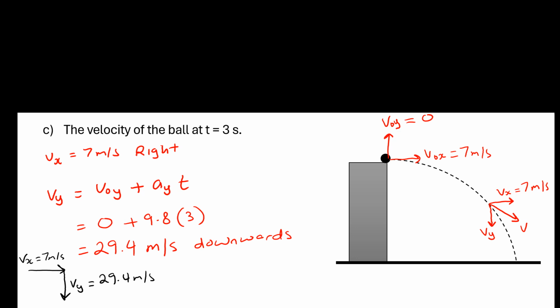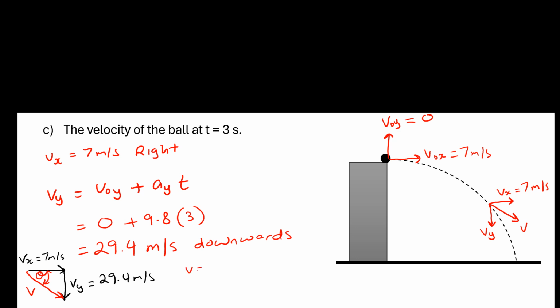And as we can see, we connect the two components from head to tail, and the resultant is from the start to the end. So this is our resultant velocity, which is v. And we need to find the angle so we can state the direction of the velocity. So what is v? In this case, we have a right angle triangle, so we can use Pythagoras theorem to find the value of v at 3 seconds.